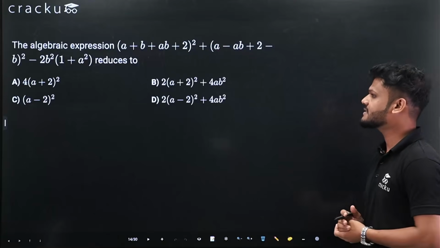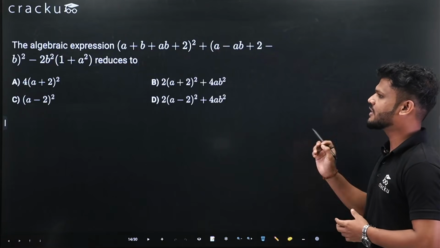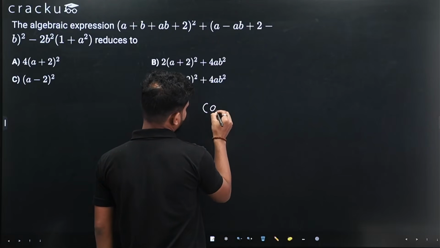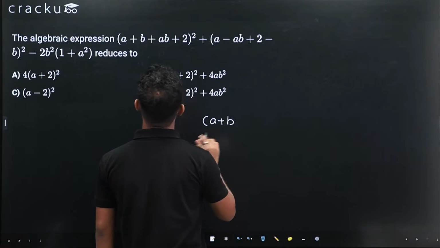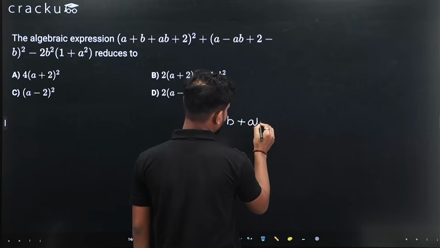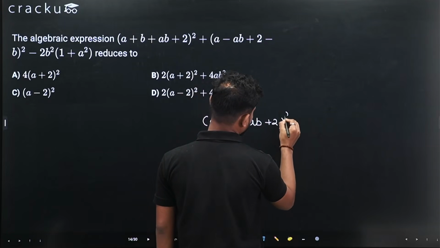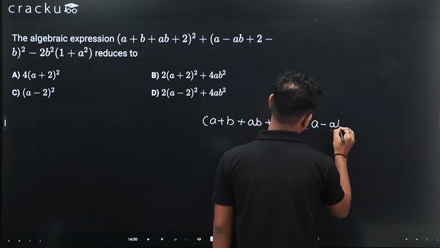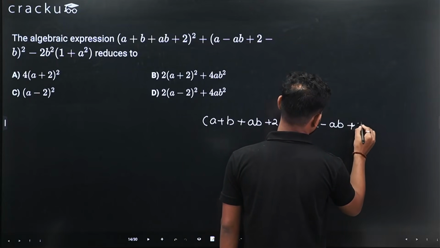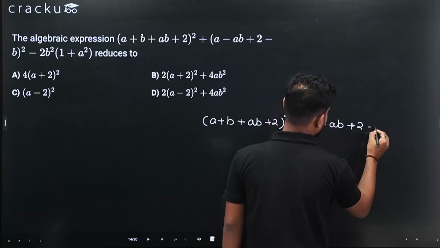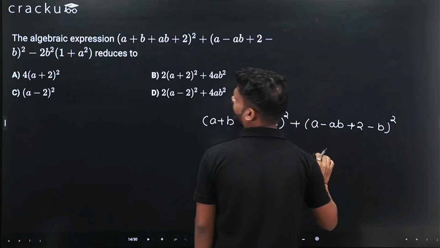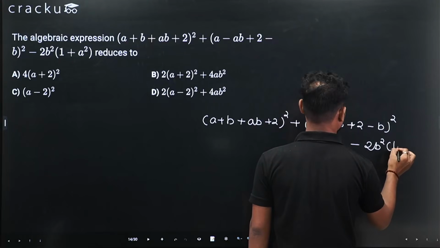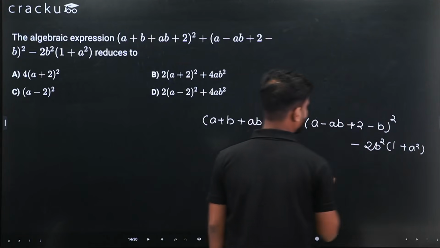In this question we are asked what the algebraic expression reduces to. So here we have given (a plus b plus ab plus 2) whole square, then plus (a minus ab plus 2 minus b) whole square, and minus 2b square into (1 plus a square).